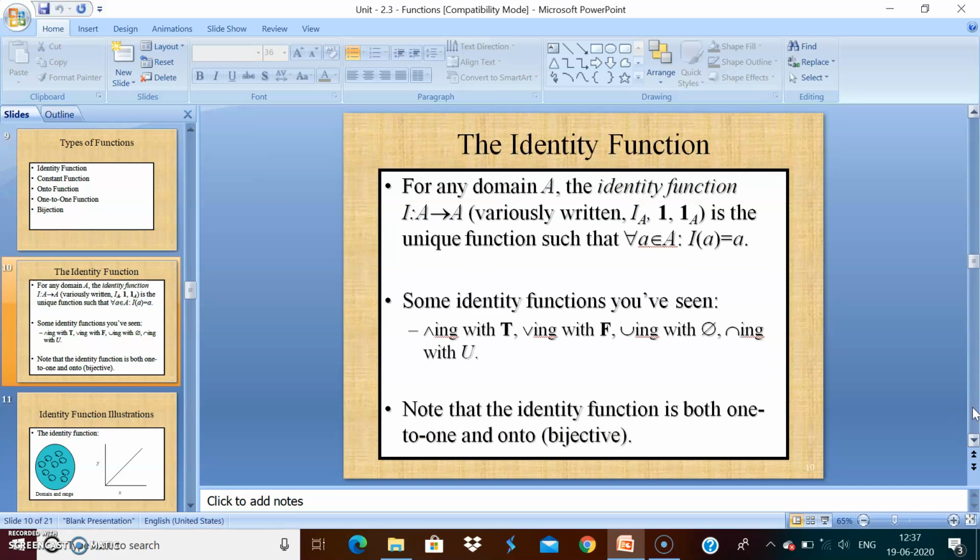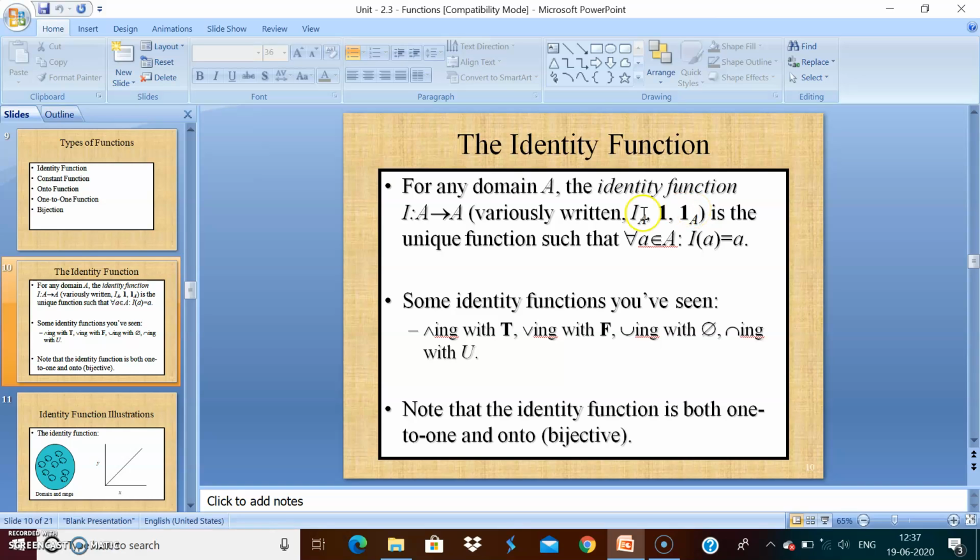The first one is the identity function. It is mathematically denoted by I of A. Let capital A be a non-empty set.